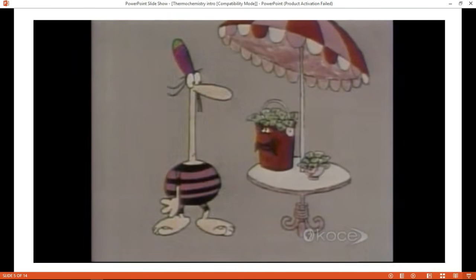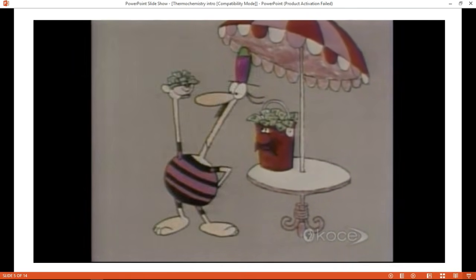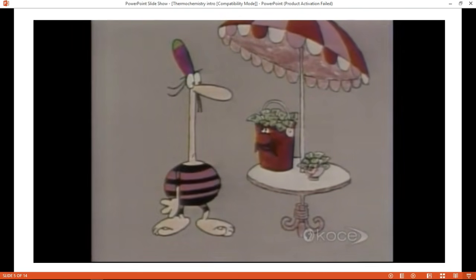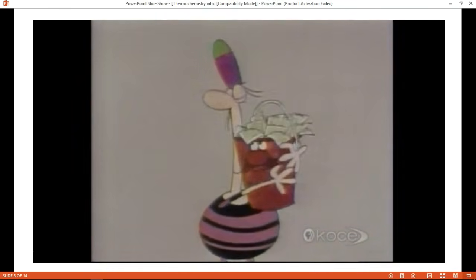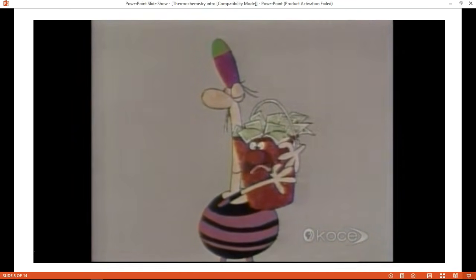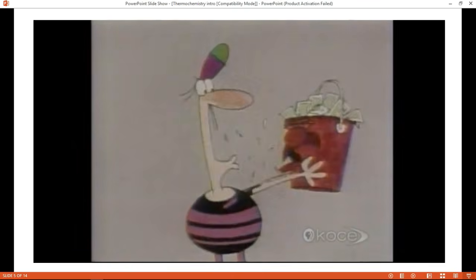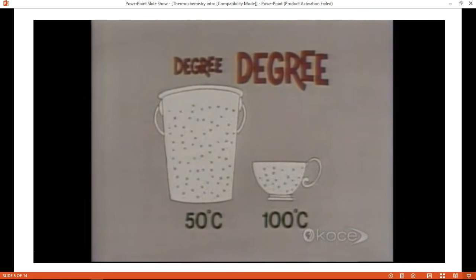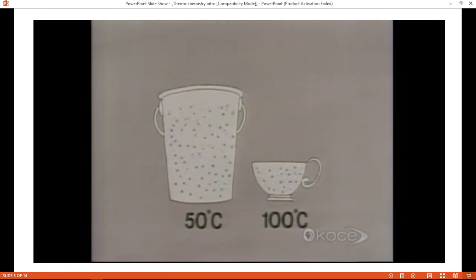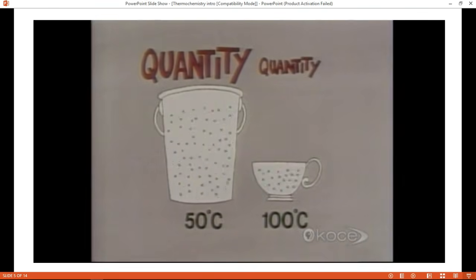Which would you rather have? Each individual bill in the cup is worth much more than each individual bill in the bucket. But the total amount of money in the bucket is much greater than the total amount of money in the cup. It's the same with hotness. The degree of hotness, like the value of the dollar bills, is higher in the cup. But the quantity of hotness, like the quantity of dollar bills, is greater in the bucket.